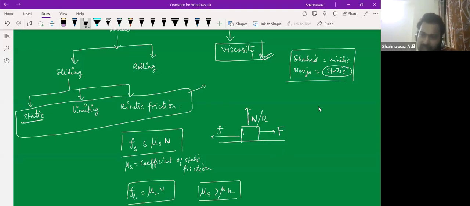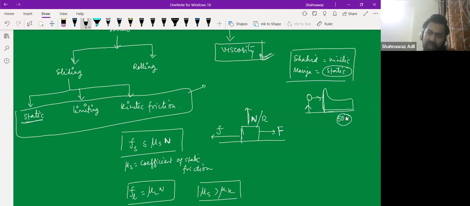So let's say you have this sofa, a very heavy sofa, right? And someone is applying some pressure. It has some coefficient of friction, and let's say its limiting friction is 50 Newton.